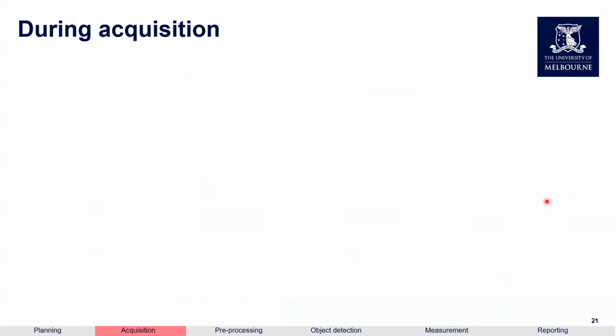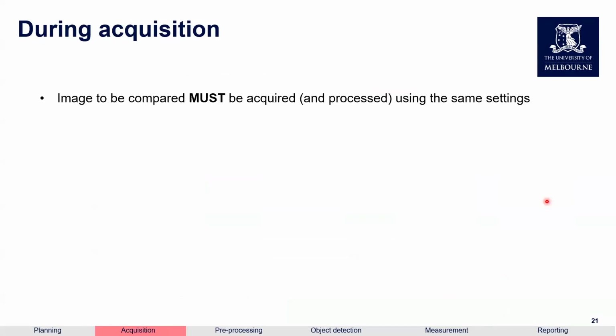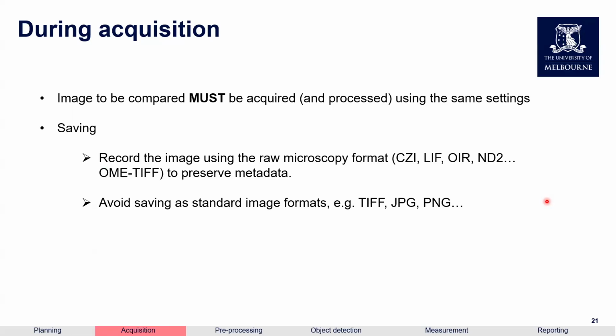And there are a few other things to remember during acquisitions. The images we are going to compare should be acquired and processed using the same settings so that they are comparable. And also when saving the images, we always have to save in a raw microscopy format or at least OME-TIFF to preserve the metadata.